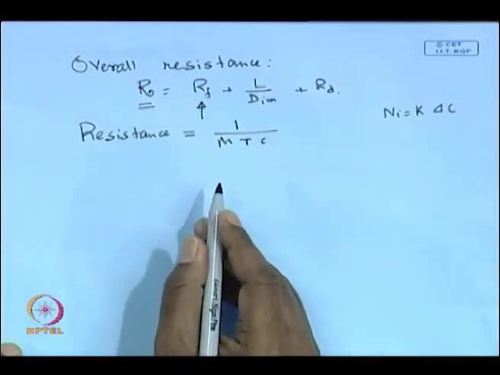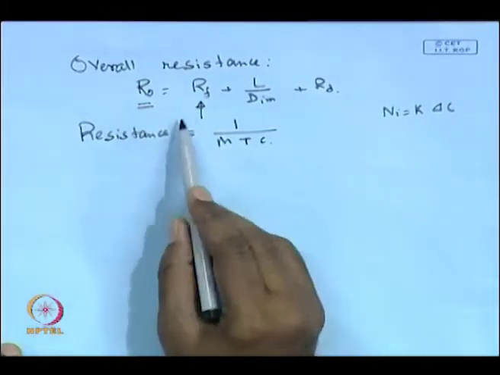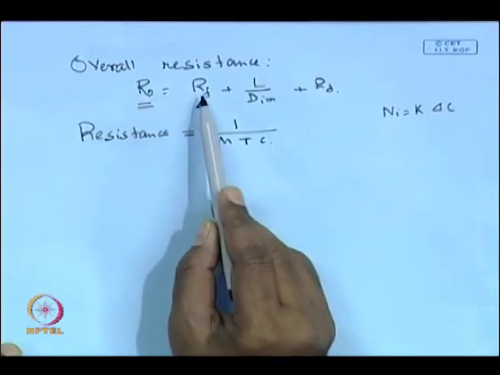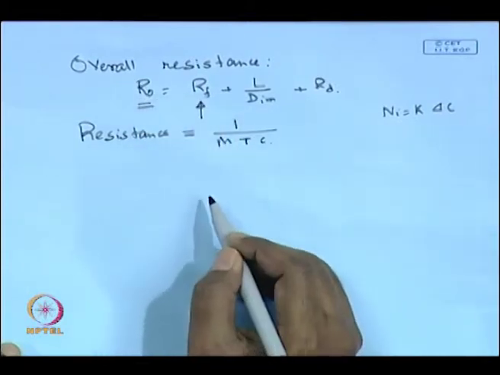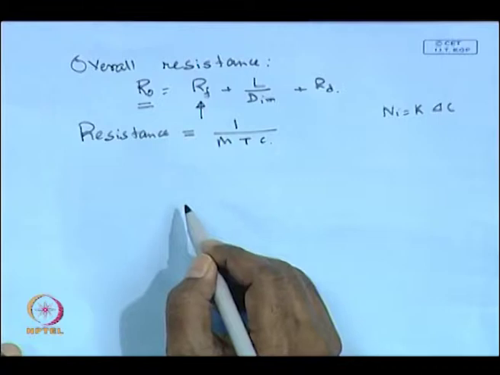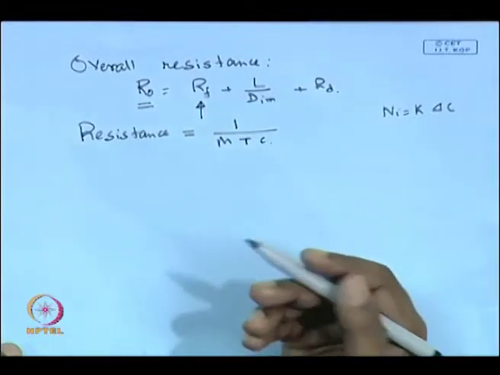So, the film resistance is the inverse of the mass transfer coefficient. You cannot determine the values of resistances directly, but you can estimate the mass transfer coefficient from correlations available to you, like the Sherwood number relations, and then convert it into resistances.